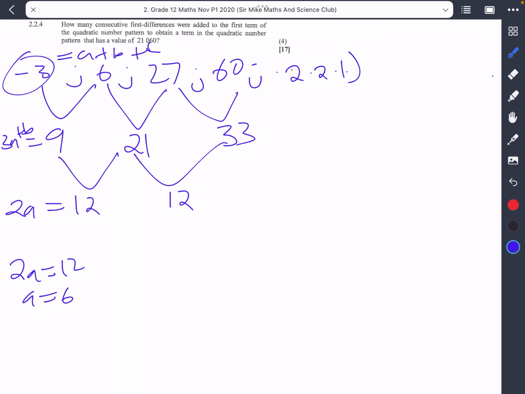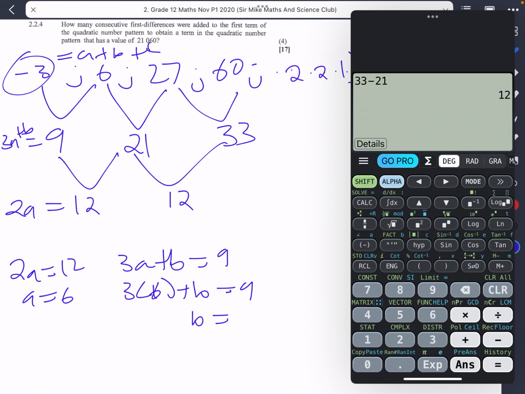Then for b, we know that 3a plus b must equal 9. So 18 plus b equals 9, and then b would be 9 minus 3 multiplied by 6, so this would be negative 9. So b would be equal to negative 9.